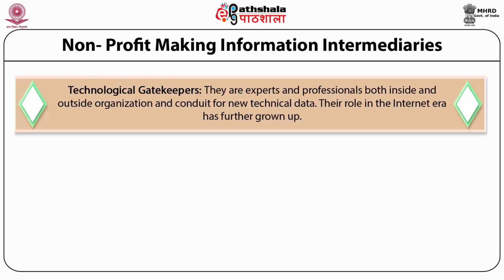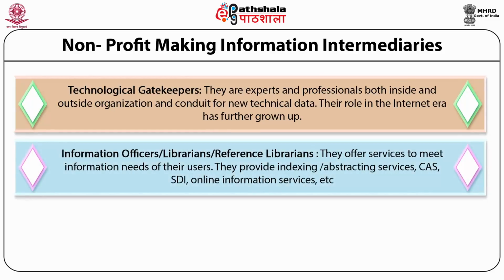Another type is information officers or librarians or reference librarians. They offer services to meet information needs of their users. They provide indexing and abstracting services, current awareness services, selective dissemination of information type services, online information services, etc.